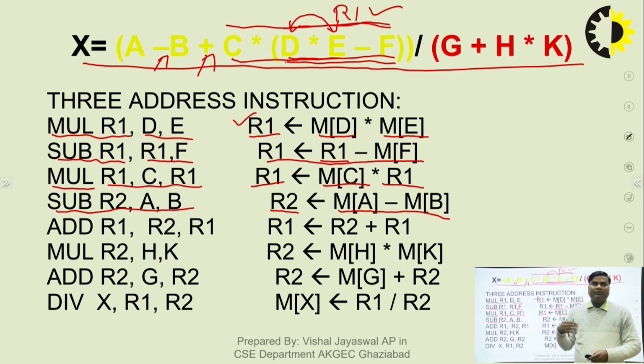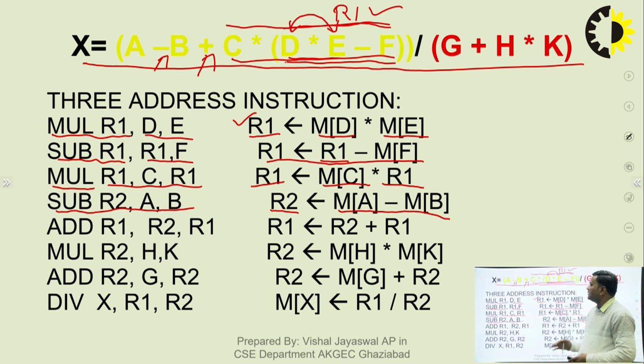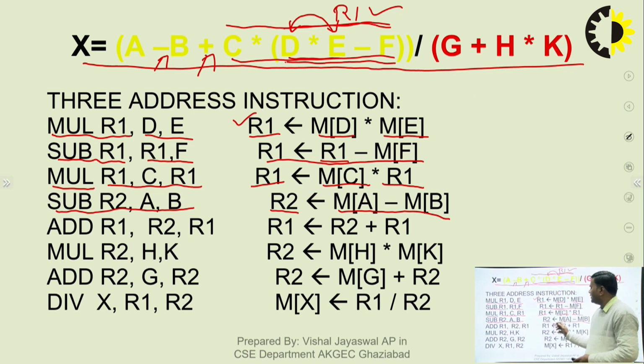Left to right associativity means we traverse from the left first. If we get the plus sign, we perform the plus operation. If we get the minus sign, we perform the minus operation. Here in A minus B plus C, we get the minus sign first, so first we subtract A minus B, then we add C. So SUB R2 A comma B means M of A minus M of B, and this result is stored in the R2 register.